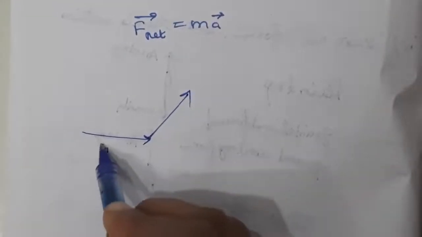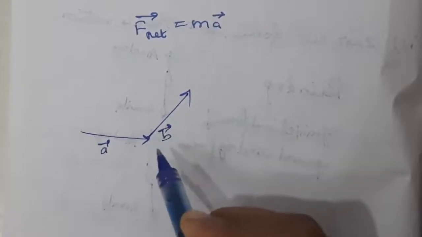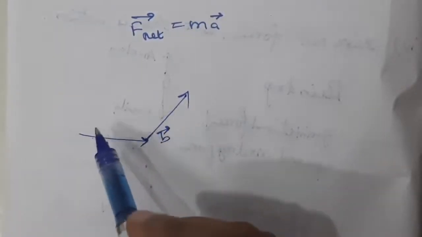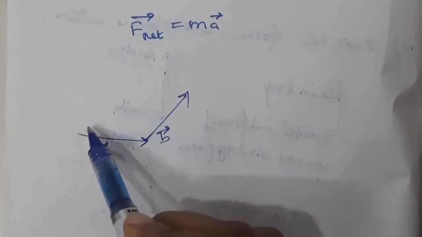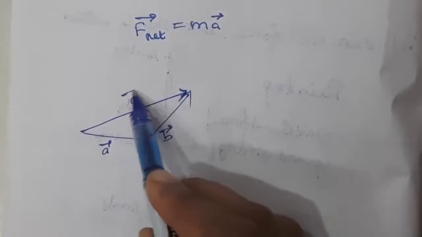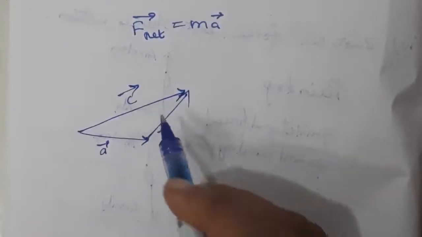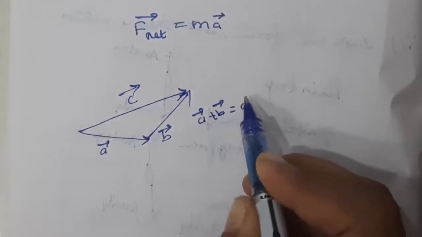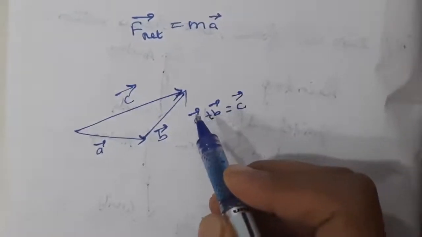This is A vector, this is B vector. So what is the resultant vector? According to the triangle law of addition, the resultant vector is the closing side of the triangle. So this is the net force. Understand? Vector addition of forces, that is A plus B, gives the resultant C.